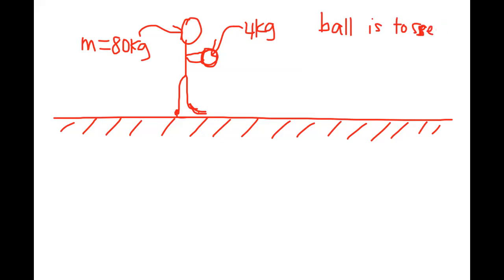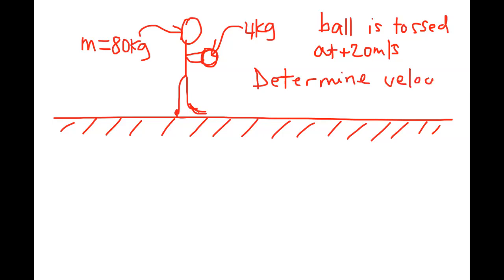There's a plus here, meaning that to the right, the ball is tossed at 20 meters per second, and the mass of the ball is also given, 4 kilograms. The question is: determine the velocity of the man, the person.